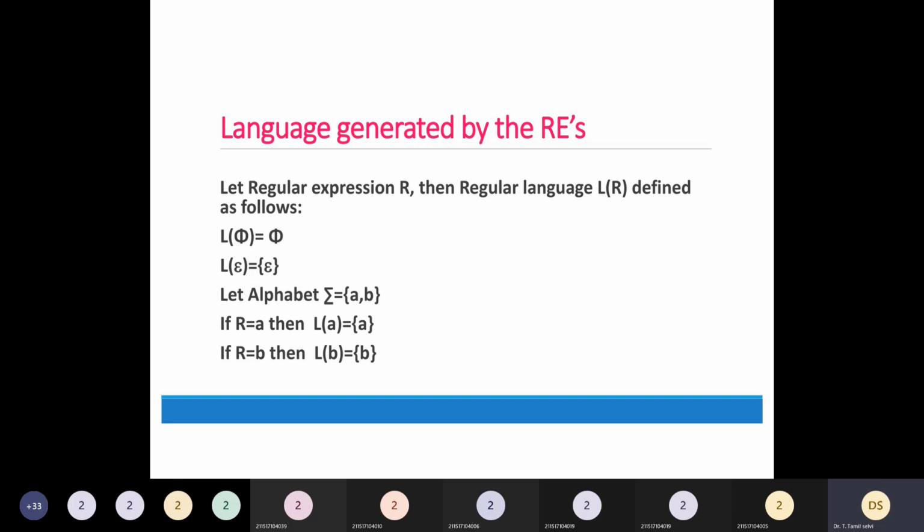That is, L of a equals, within curly braces, the symbol small a. And then the next one, if R equals b, here R is the regular expression which is equal to small b, and L of b equals small b. So these are the languages from the regular expressions.